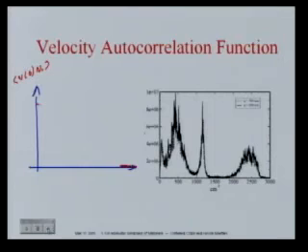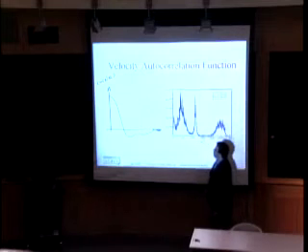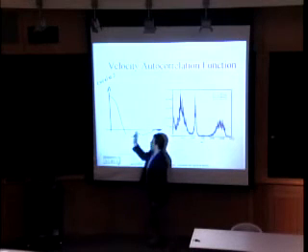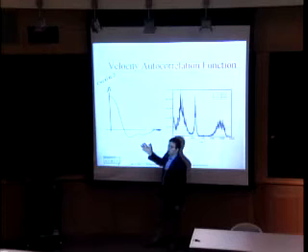And then what is in between really depends on the dynamics of the system, and it can look very different in different systems. But the Einstein relation and the Green-Kubo formula that you have seen before relate the integral from 0 to infinity of this function to the diffusion coefficient.